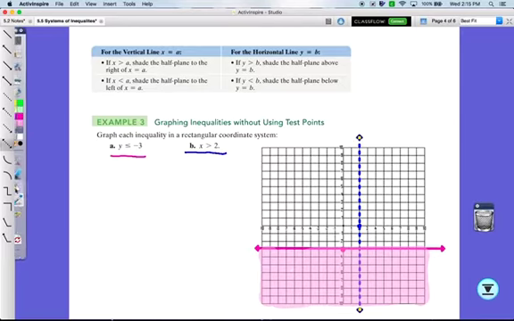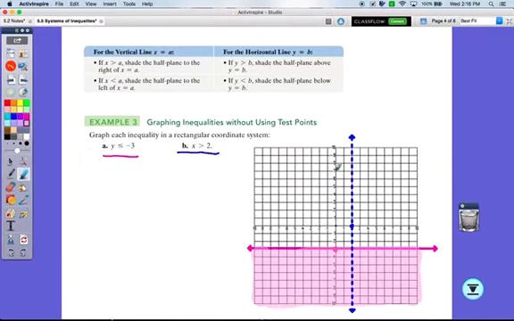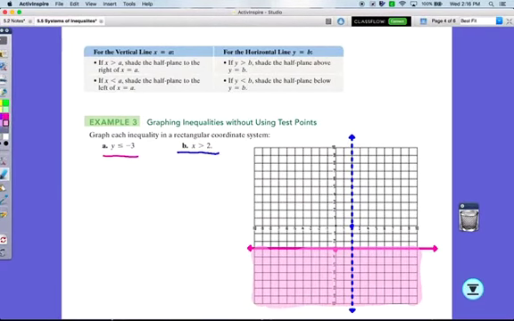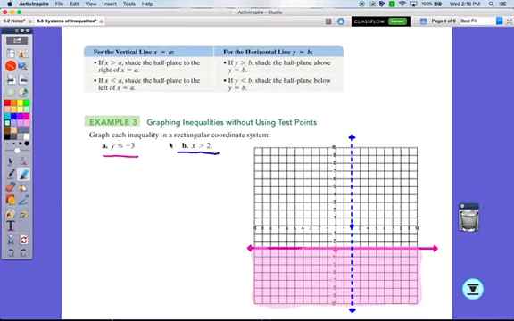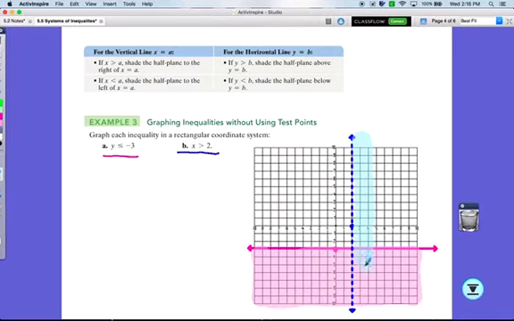And this one, what do you have to think about? This one does not have an above or a below, but it does have a left and a right. If it's a vertical line, greater than means to the right, less than means to the left. Because what numbers are bigger than 2, x values? The ones to the right. So since it's greater than, I'm going to shade over here to the right.